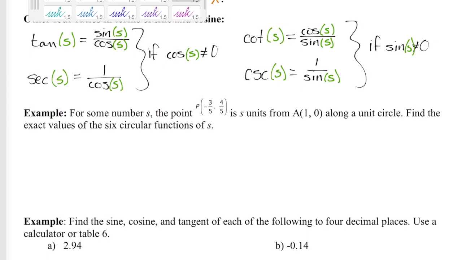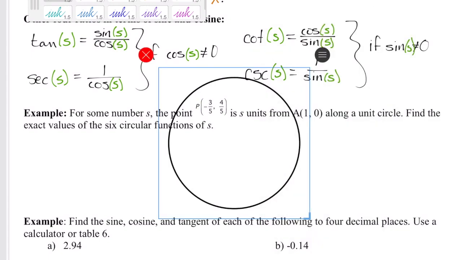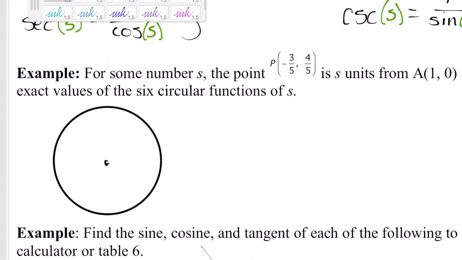I'm a very visual person, so I'm going to draw this out a bit. (1, 0) is going to be there on the unit circle, going to the right one and not up or down. The point negative 3/5, 4/5 is going to be in the second quadrant, so maybe somewhere over here. That's my P.